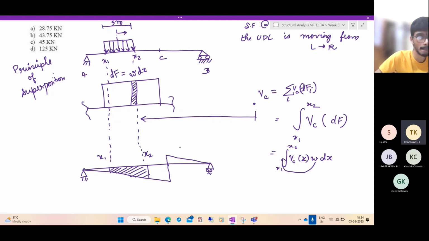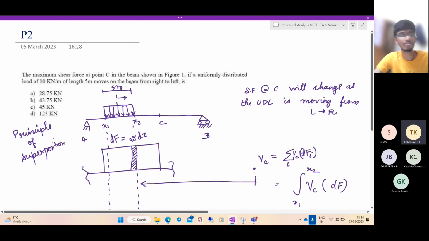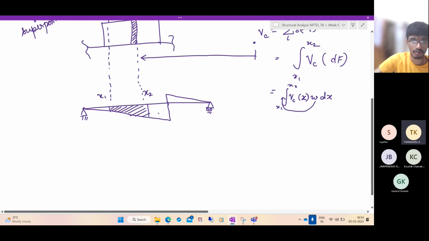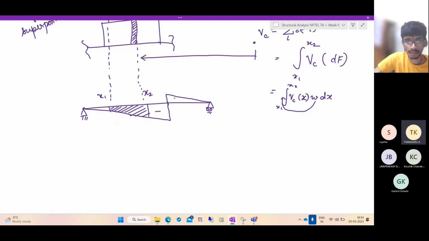Now, what are they asking? They're asking us to find out the maximum shear force at the point C. So with your judgment, you know, this is minus and this is plus. So where should I place the UDL so that I get maximum area under the curve? Any guess?